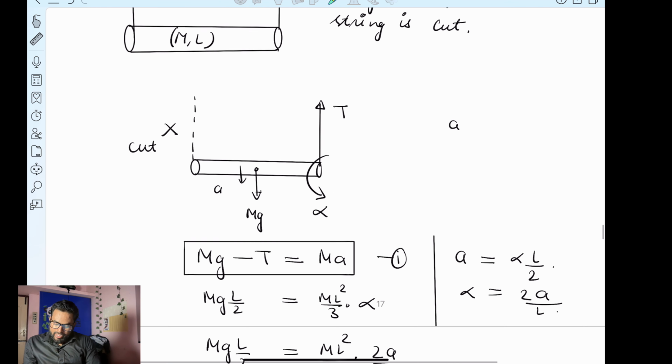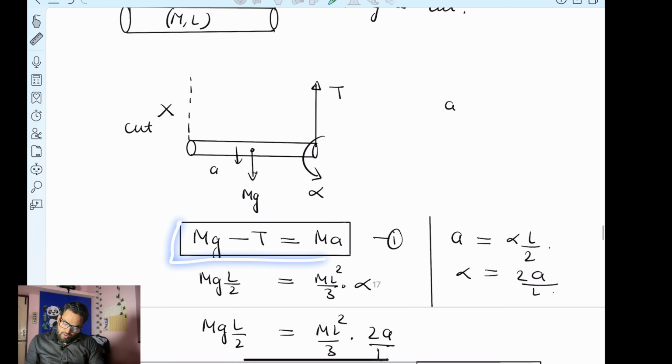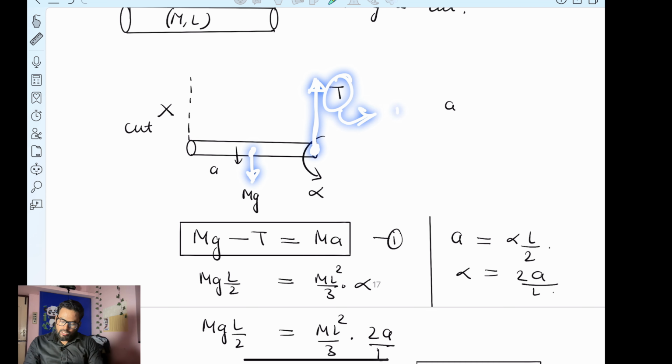Okay, FBD clear? Now Newton's law, vertical direction, downward force mg, upward force tension, so mg minus T equals m a. Now torque about this point, tension is passing through this point itself, so tension would not give any torque.